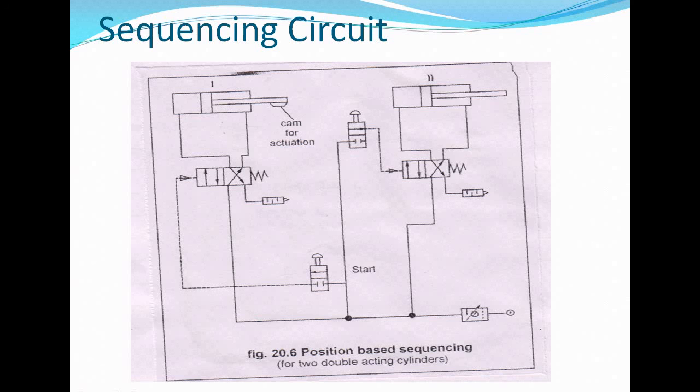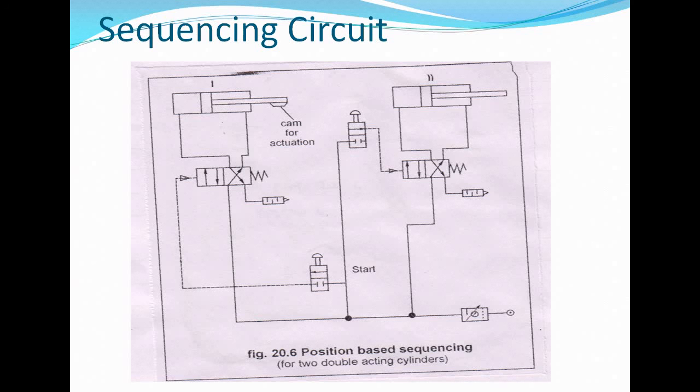When cylinder A is pushed completely backward, the cam is there, so the cam will press this button and this valve will get actuated.